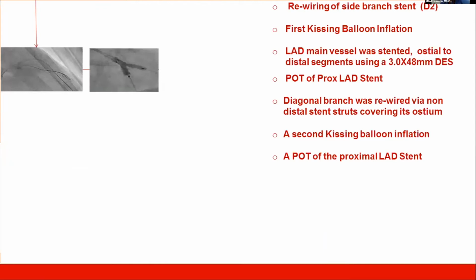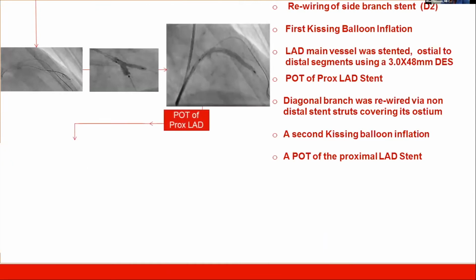Then we performed the first kissing balloon inflation. I'm sorry, I don't have a moving picture for that. Then we chose a long 45 stent for the LAD and deployed it all the way from the ostium to the distal portion, followed by POT of that proximal LAD stent.